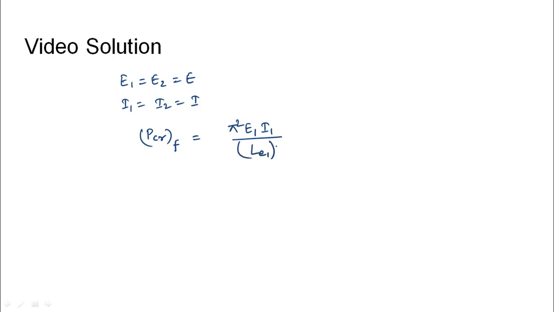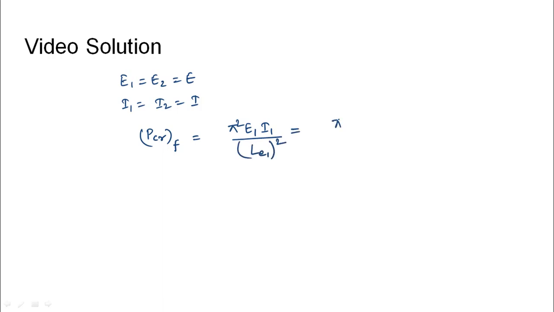So in this case, we have been given two columns which have the same material. So E1 is equal to E2 is equal to E. It is also given that the cross section is same. So I1 would be equal to I2 will be equal to I. So let us assume PCR for the column with fixed ends will be equal to pi square E1 I1 by LE1 whole square.